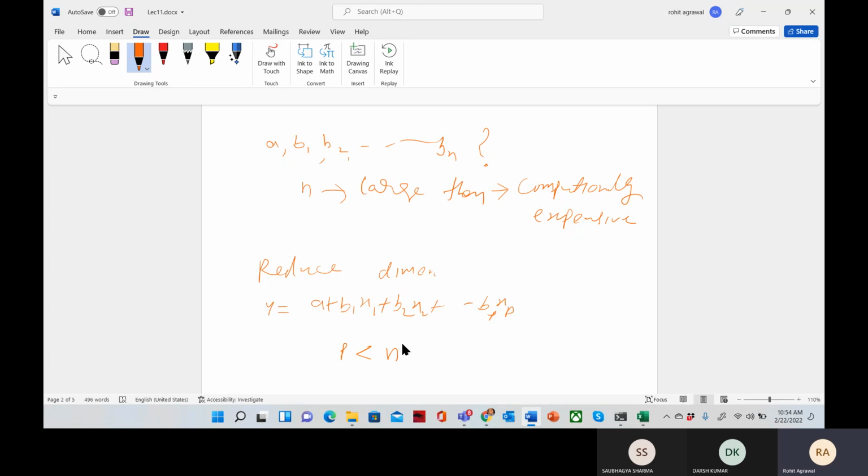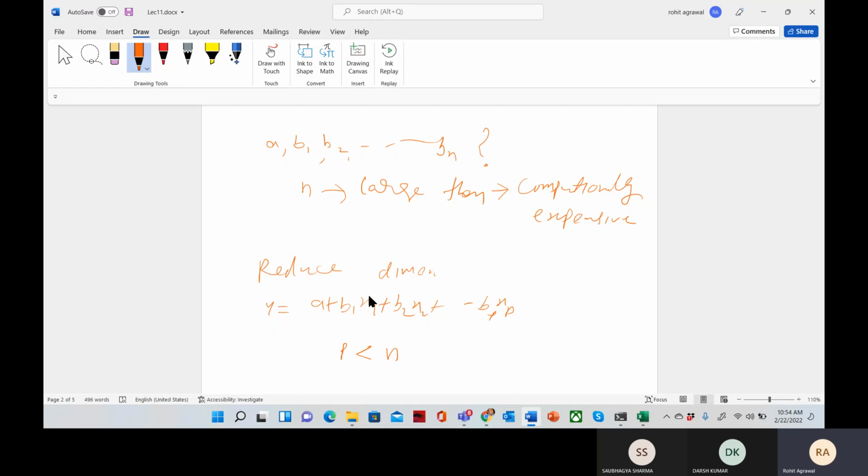So instead of using all the n number of features, we are just using P features. The features may not be exactly the same. There may be the case that you have transformed n features into P features, and the form of those features has changed.